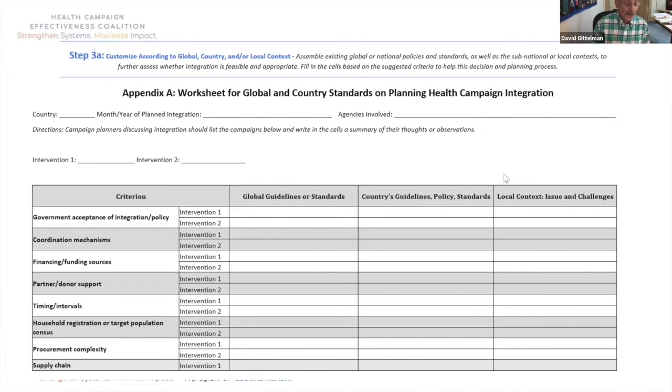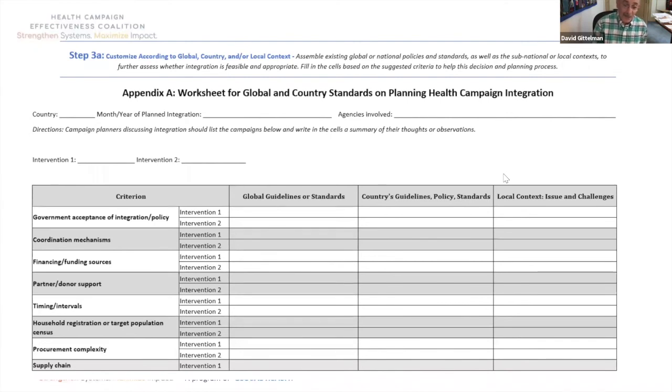So government coordination mechanisms. What are the WHO guidelines on setting up a coordination mechanism at the global level in order to integrate ITNs with another intervention? Are there existing guidelines that allow this, or do they need to be developed?